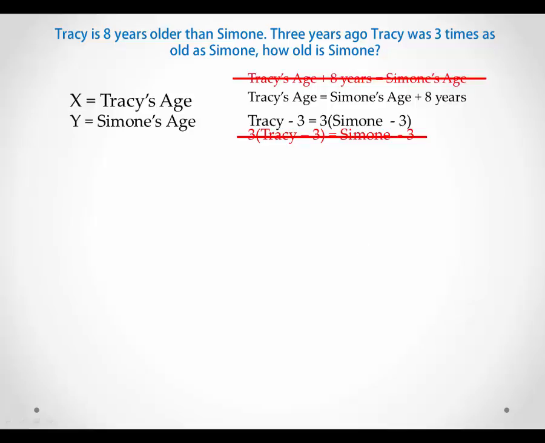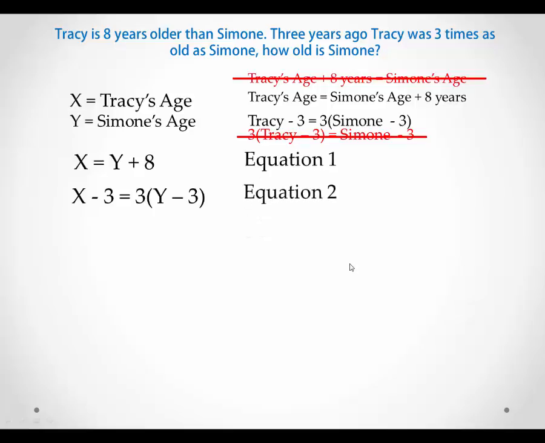To represent the equations in terms of the unknowns, we will have x equals y plus 8 and x minus 3 equals 3 times (y minus 3). So we have equation 1 and equation 2.